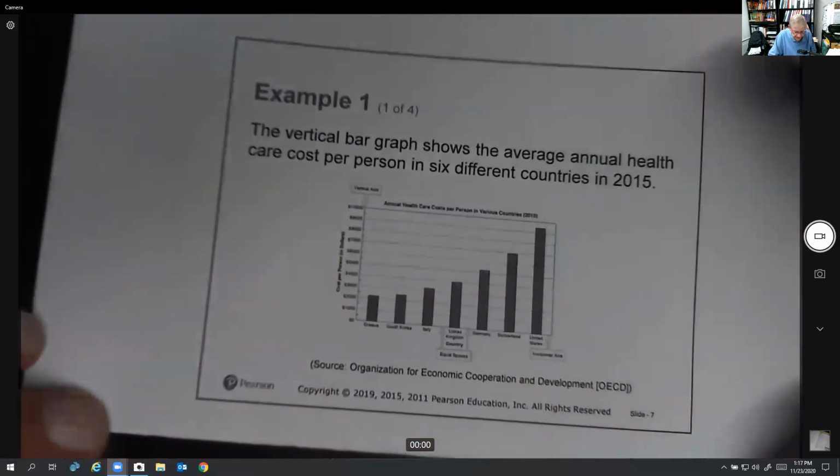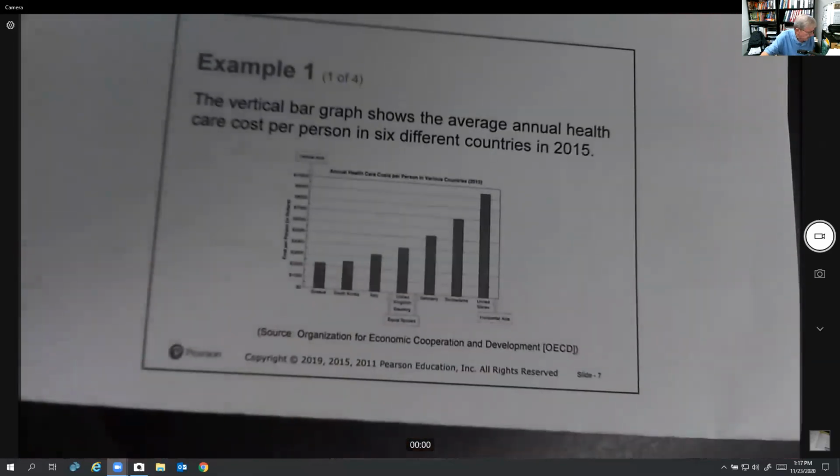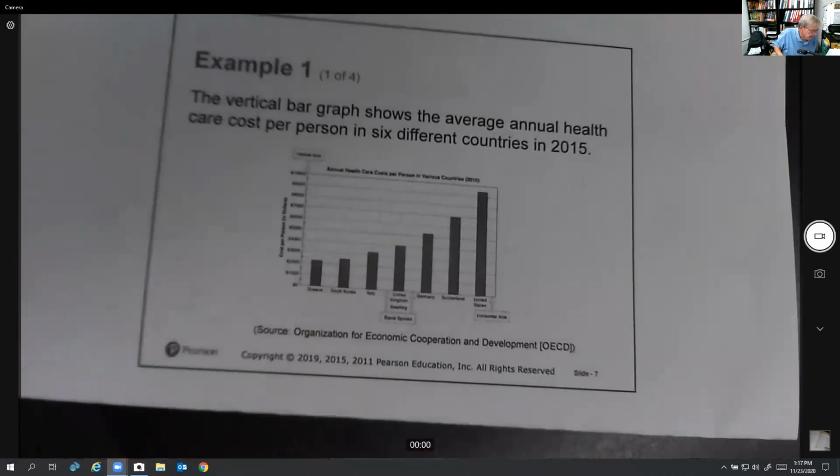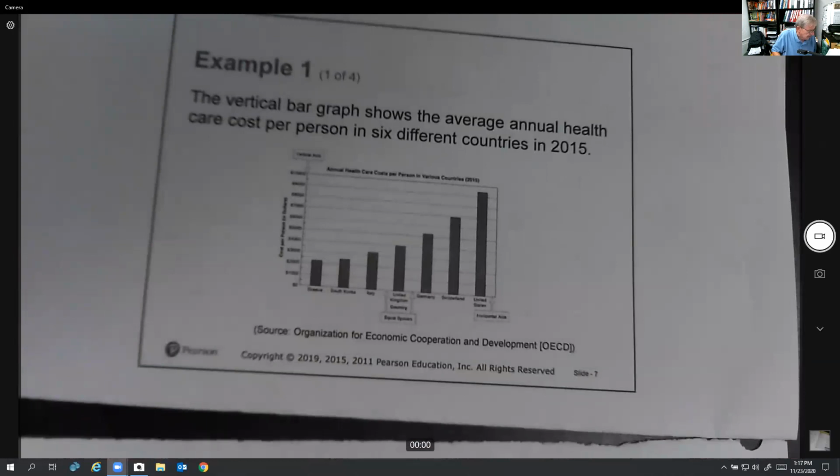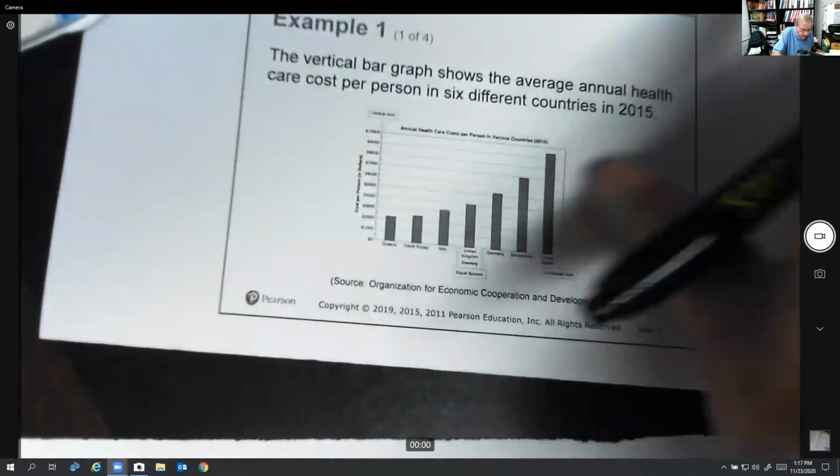Looking at this graph, the first question was, what is the average health cost per person in Germany in 2010? A little difficult to see that one. Let's see if I can bring my book over.